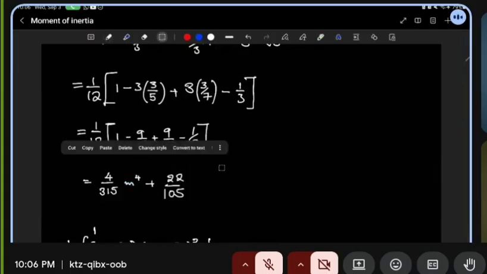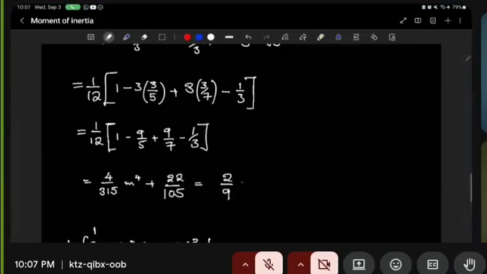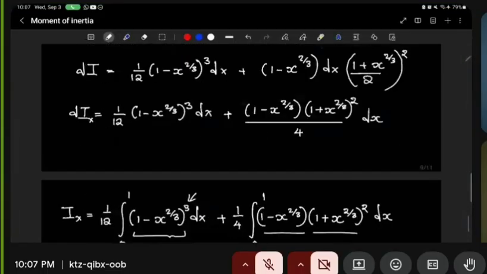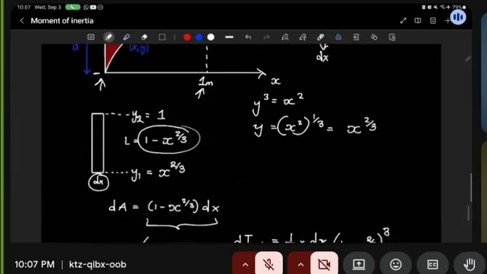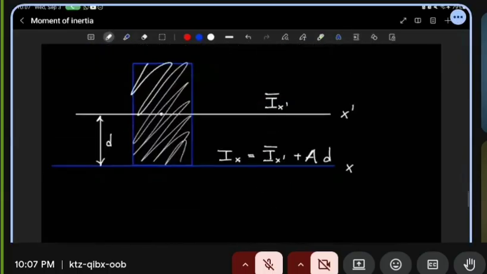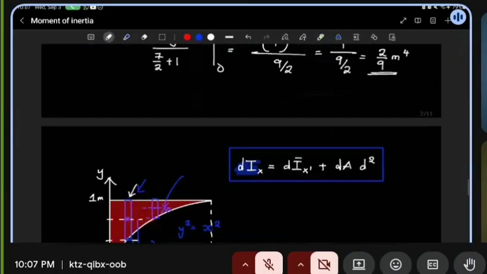So what are you getting when you add the two expressions? Two over 9. 2 over 9. I had very little hope. Actually, it's 2 over 9. Yeah, sure.